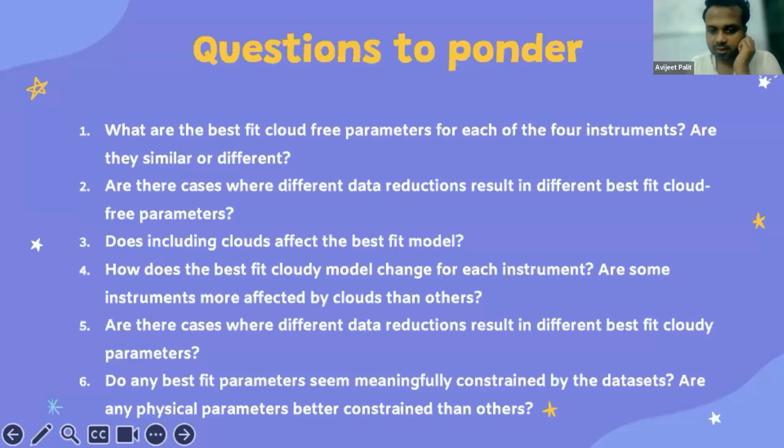Next question is, how does the best fit cloudy model change for each instrument? Are some instruments more affected by clouds than others? And our next question is, are there cases where different data reductions result in different best fit cloudy parameters? And our final question is, do any best fit parameters seem meaningfully constrained by the dataset? Are any physical parameters better constrained than others?